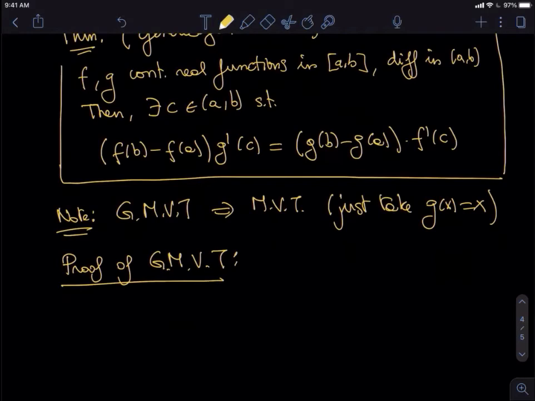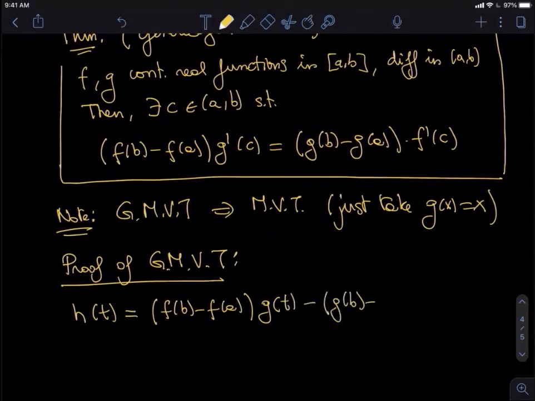So here we are going to define, so the trick, Rolle's theorem works for one function, one real function. So we are going to transform this condition we have here into something that involves only one function. Okay, so what I'm going to define is h of t equals (f(b) minus f(a)) times g of t minus (g(b) minus g(a)) times f of t.